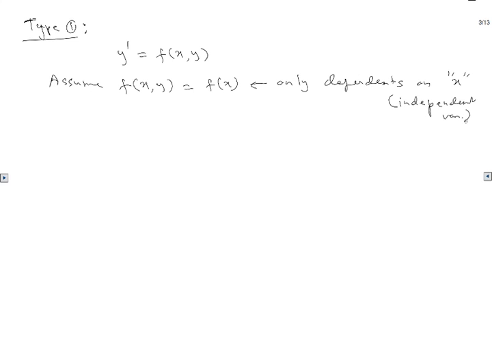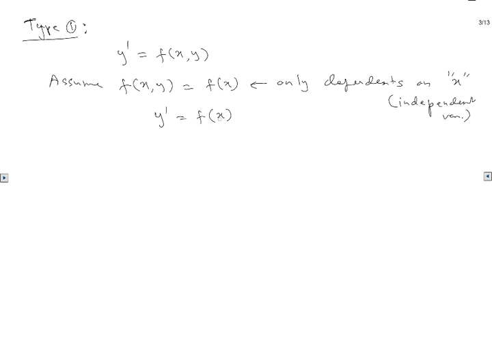So that's the first situation. We assume that your function f(x,y) only depends on the independent variable. So that means your differential equation now becomes y prime equal f(x). That's the situation we try to handle first.